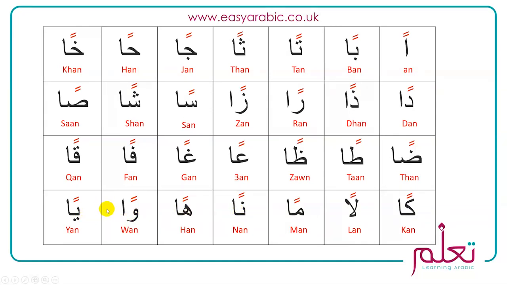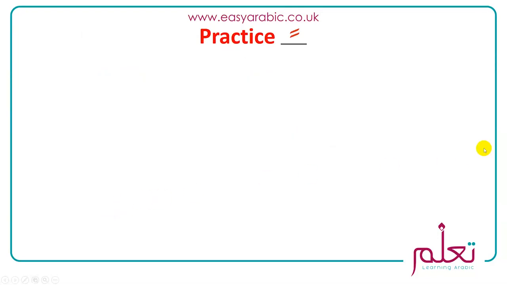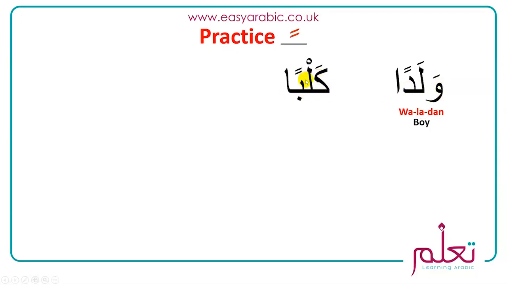So let's go through and do a few practice sessions with some words. The first one is waw, lam, dal, and that becomes waladan, which is boy. The next one is the kaf, the lam, and then remember what we said about the fatha, that's an a sound. The lam is going to be pronounced as one, so like we had hal or man, this will be kal.